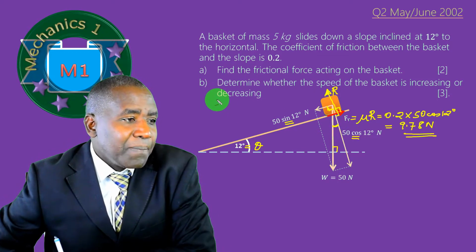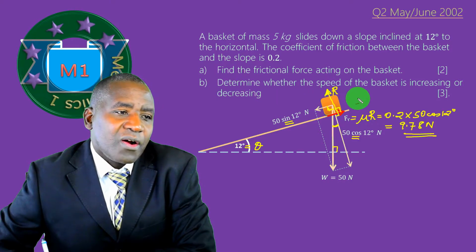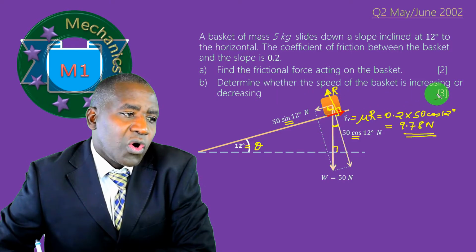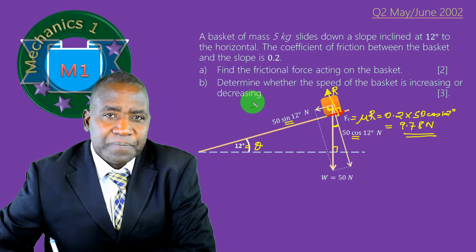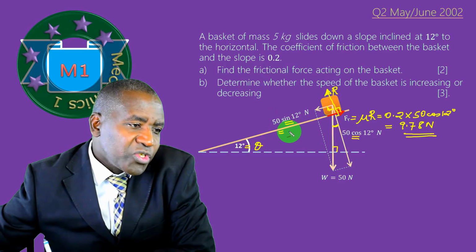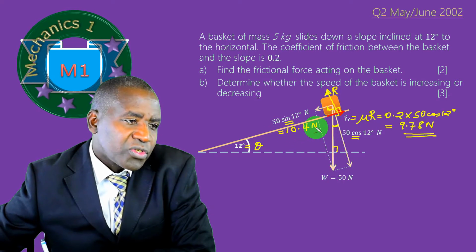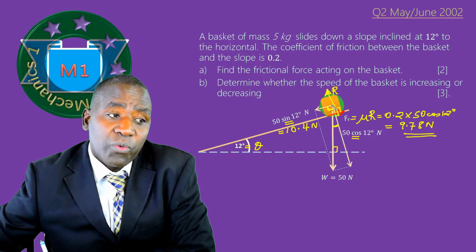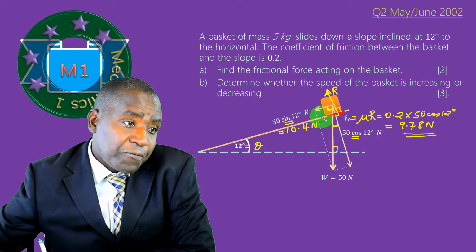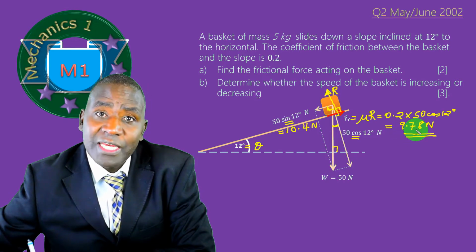Now let's look at part B. Part B, we are asked to determine whether the speed of the basket is increasing or decreasing. If you calculate this force here, you're going to get a force of 10.4 newtons, the component of the weight down the incline. And the frictional force, which is opposing that, has got a value of 9.78.